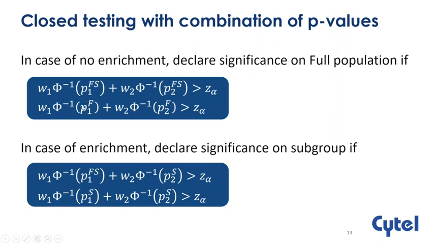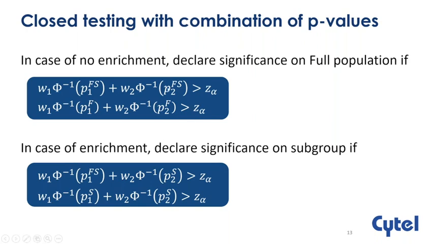And then P1 of FS denotes the adjusted p-value for cohort 1 for the global null. There are different ways of obtaining this adjusted p-value. Similarly, P2 of F and P2 of S denote the marginal one-sided p-values for the full population derived from cohort 2 alone, if it is decided not to enrich, and P2 of S is the corresponding one for the subpopulation derived from cohort 2 without enrichment.